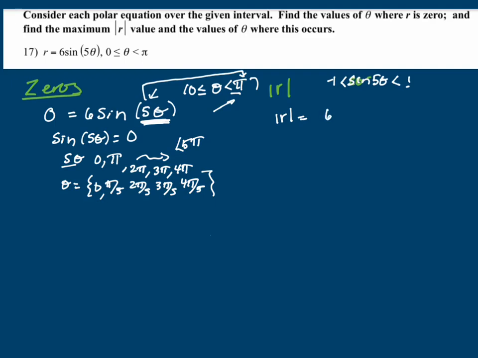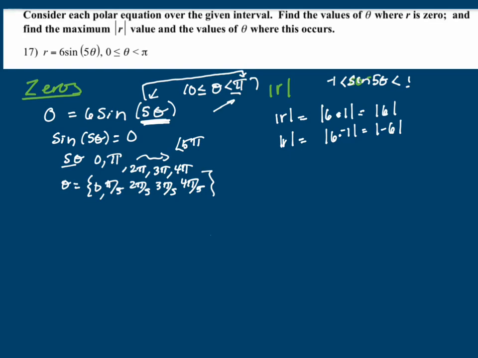So this is 6 times, let's do the 1 first, so the absolute value of 6. This is times, by the way, not plus. That was another mistake some people made. And r also can be 6 times negative 1, which is the absolute value of negative 6. So sometimes r is 6 and sometimes r is negative 6.